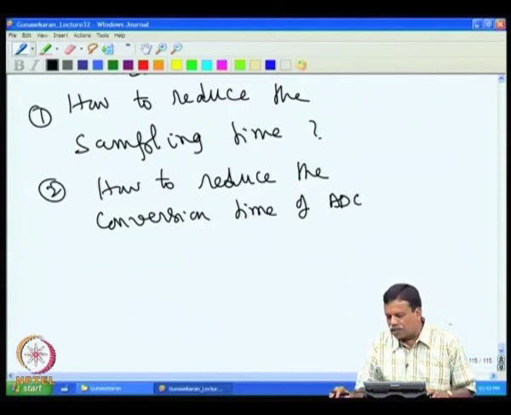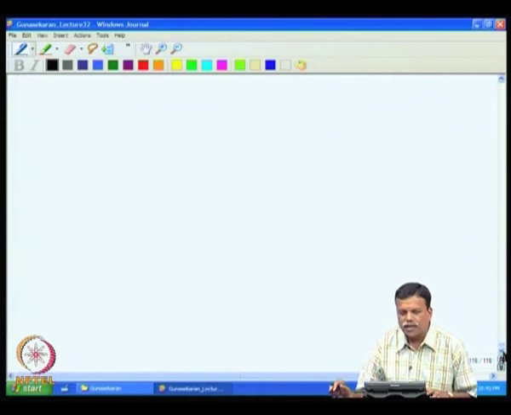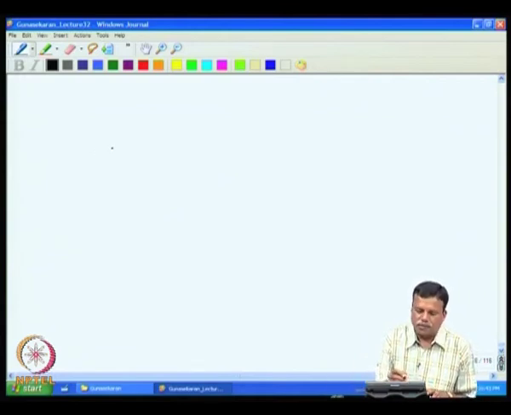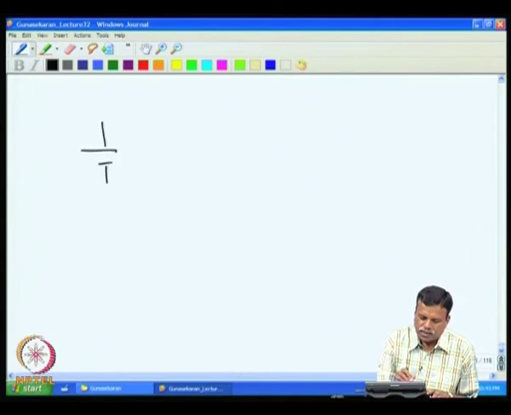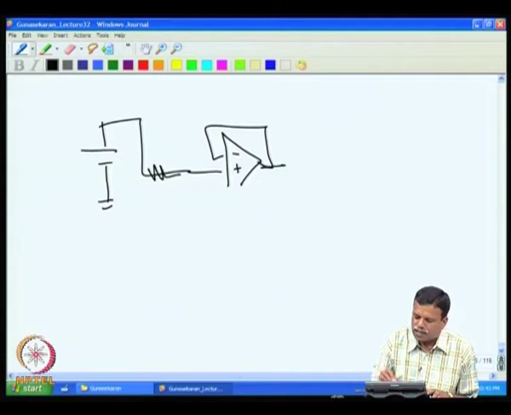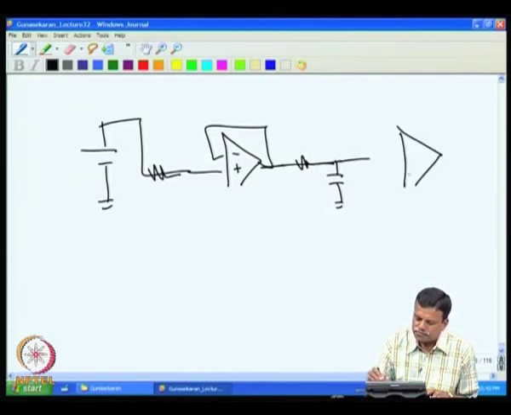Now, sampling time we can reduce by reducing the input resistance. For example, if I want to digitize a voltage, it is better to give the input through a voltage follower, so that the output impedance is very small. So, even if the source resistance is high, the capacitor can be charged very rapidly. Then only the switch resistance comes into play, and then this can go to the ADC.